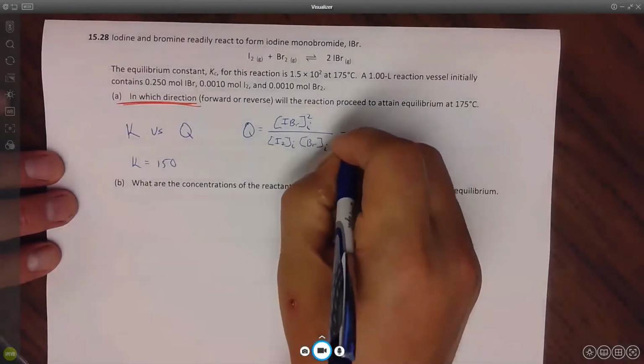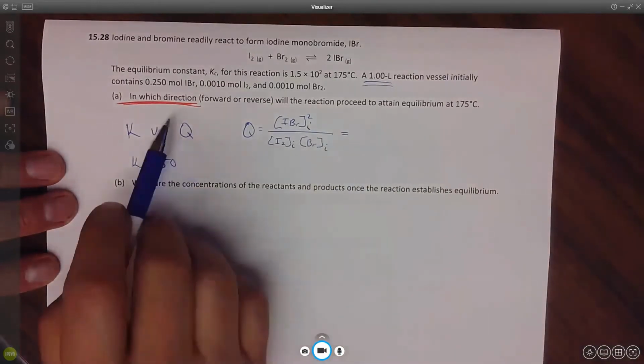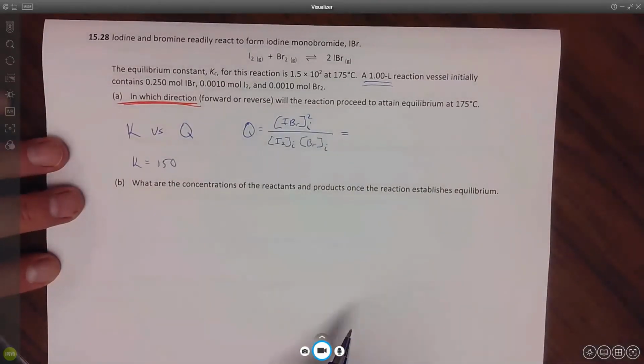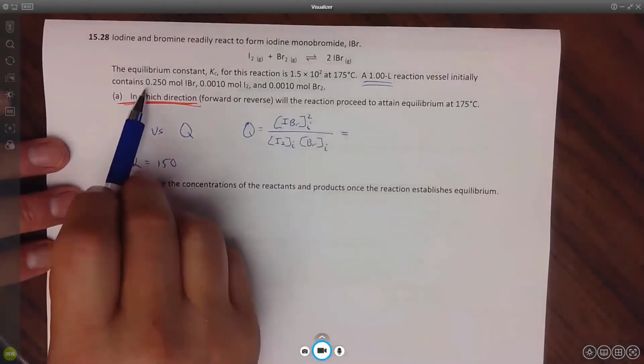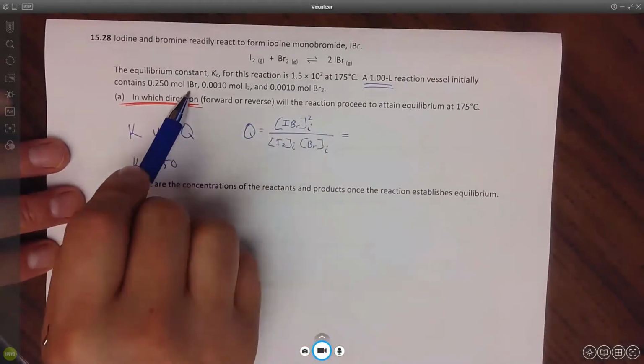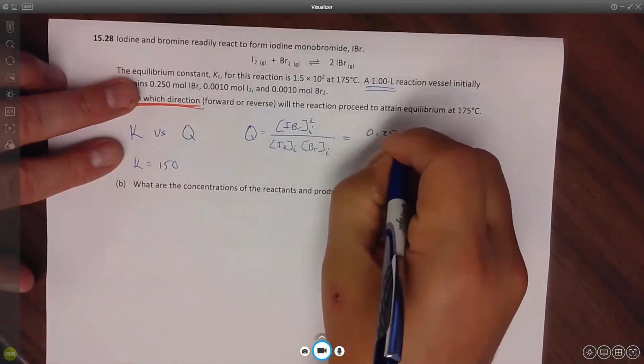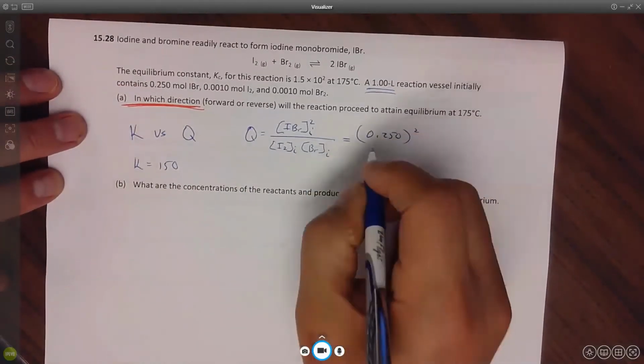So now, luckily, this is in a 1 liter reaction vessel, so that means the moles are equal to the molarity. So initially contains the IBr, so that is 0.25 molar squared.